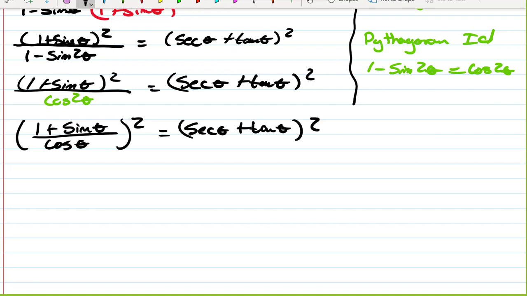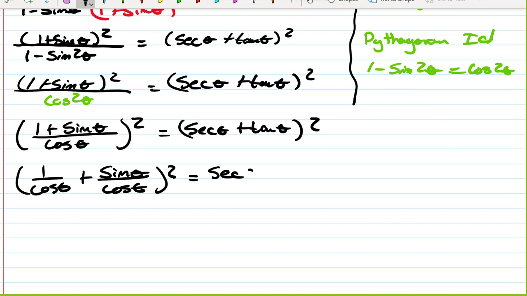And then by term-wise division, we get 1 over cosine theta plus sine theta over cosine theta. And then 1 over cosine is equal to secant, and sine over cosine is tangent. And we're done.